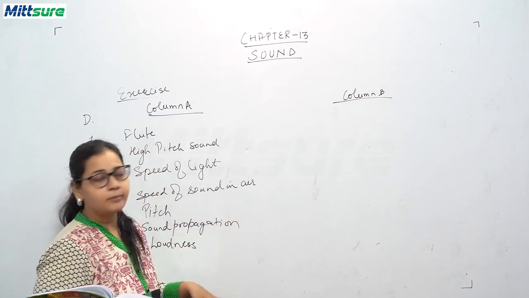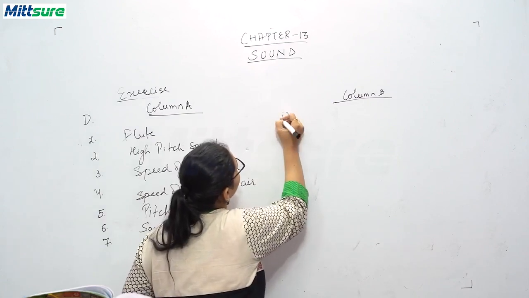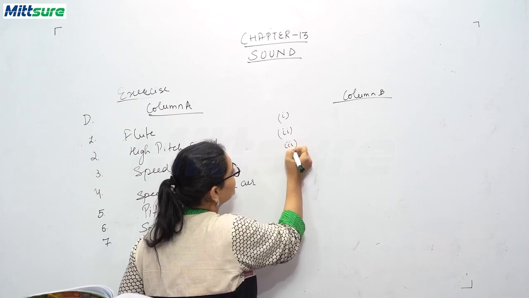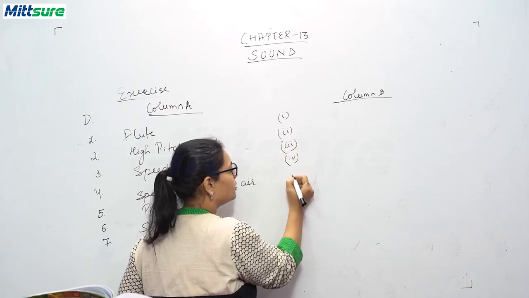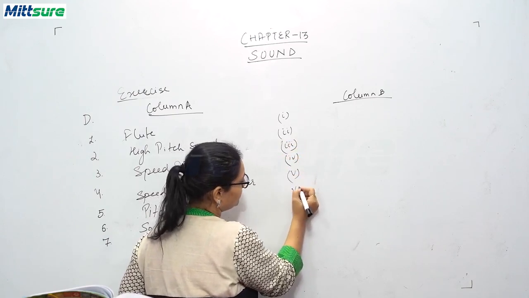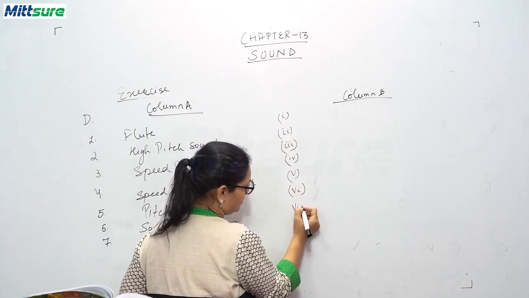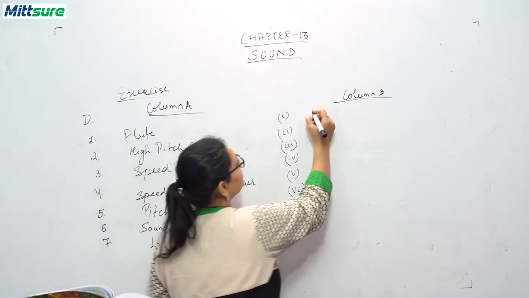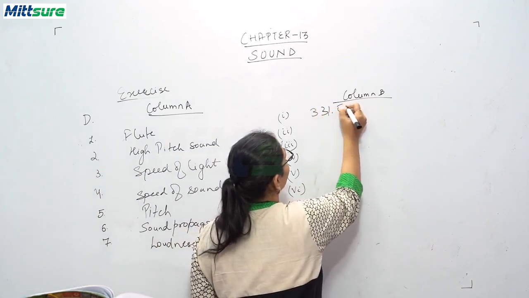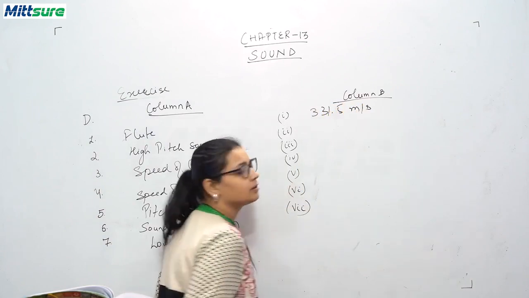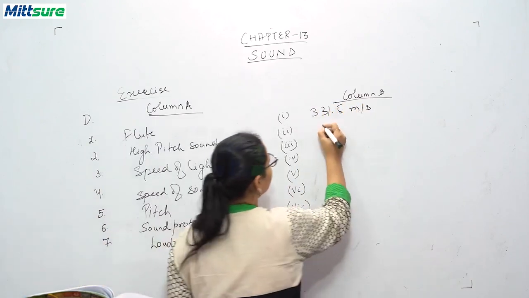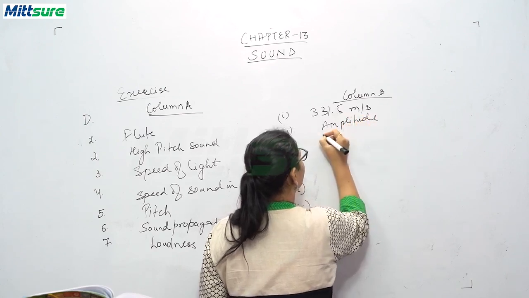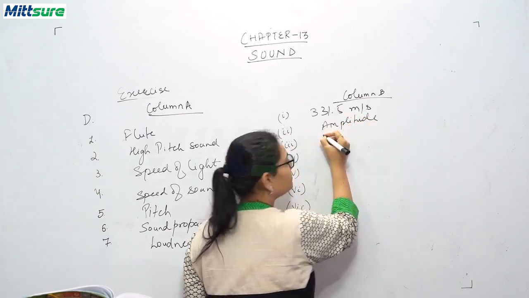Now we'll be writing the column B here. First is 331.5 meter per second. Next one is amplitude. Material medium.